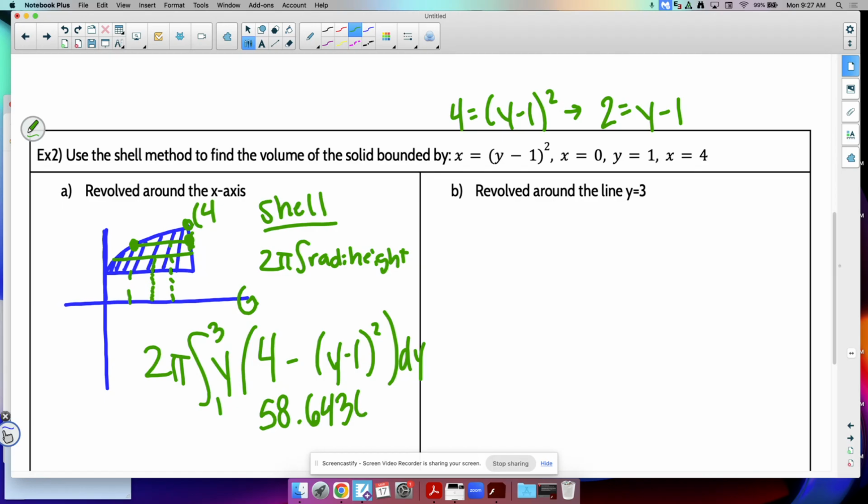If you guys don't agree with this, let me know. 58.6430? Yep. For 643. What's after the 0? 6. Oh, she likes it. So it should be 3-1? Do other people get 3-1 or 3-0?